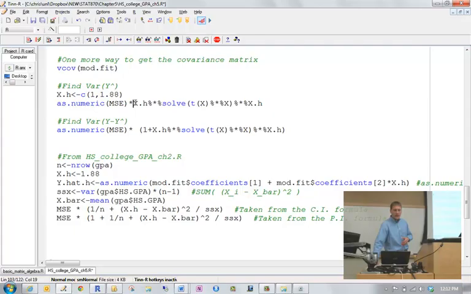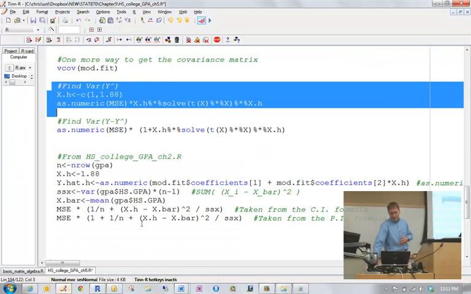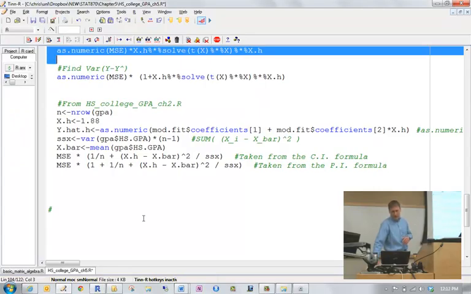Note that I can be a little bit sloppy in terms of using transposes because R will put everything into its correct form so that you can actually do the matrix algebra. So here's the estimated variance then for y hat. And that pretty much then, you can find the interval like you would normally.